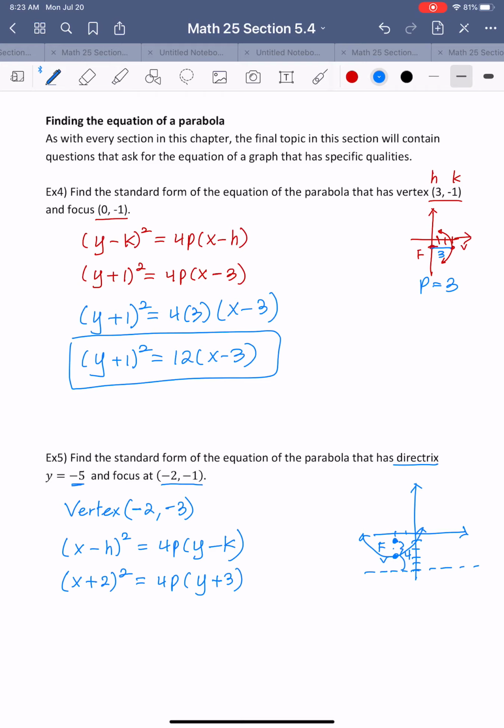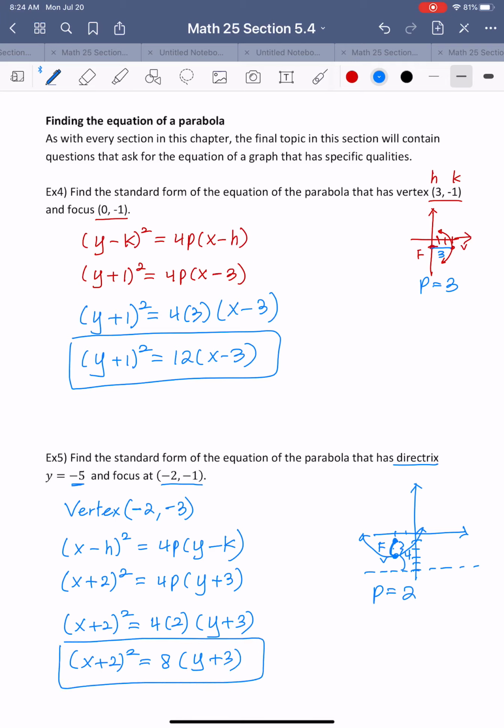And then the distance between the focus and vertex is 2, right? Do you see the 2 here? Okay, so p is 2 this time. So you got (x + 2) squared, 4 times 2 times (y + 3). You got (x + 2) squared equals 8 times (y + 3). So this is the final answer.